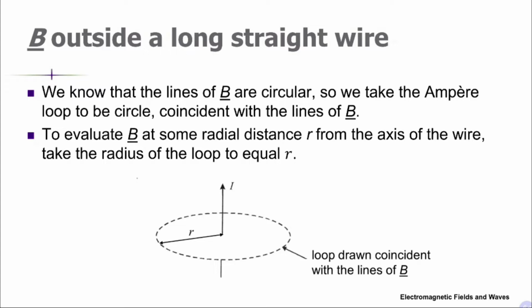For a long straight wire, we know that the magnetic flux is going around the current wire. So if we choose the loop to coincide with the magnetic flux, then the magnetic flux density B will be constant around this loop. Our Ampere's law is the closed integral of B dot dl equals mu naught I. If you choose this loop to coincide with the magnetic flux density, then B will be constant around that loop, and therefore we can take B out of the integral.